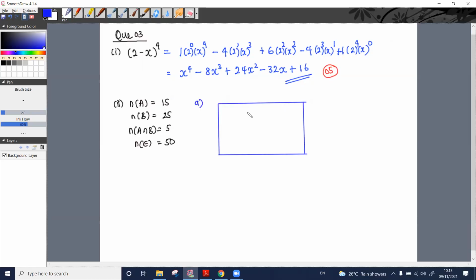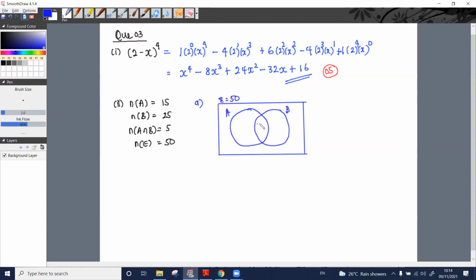There are two sets, set A and set B. This is set A and this is set B. Sample space is 50. Right. n(A intersection B), what is that region?